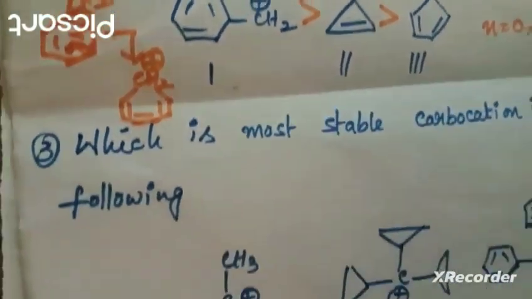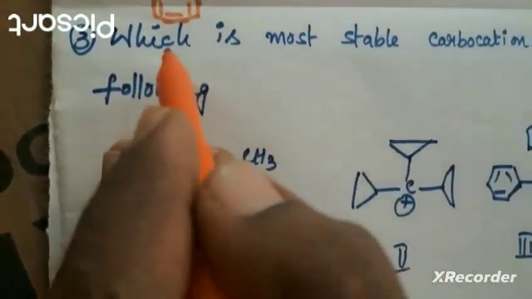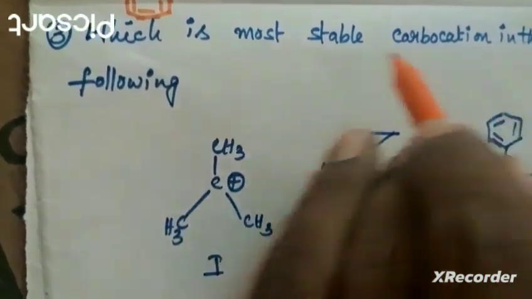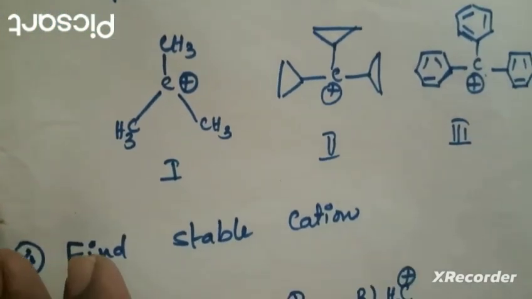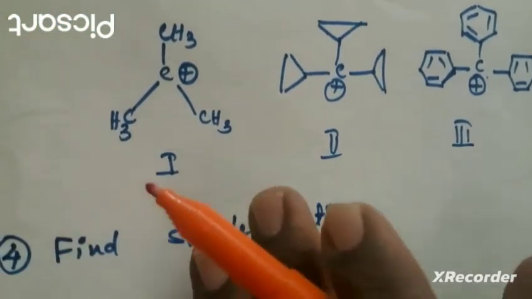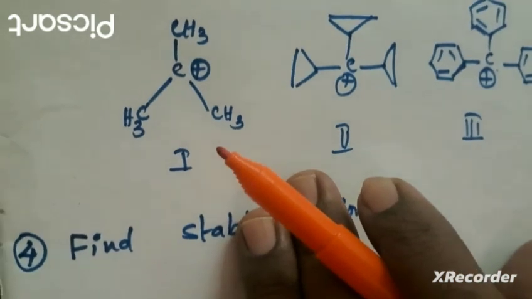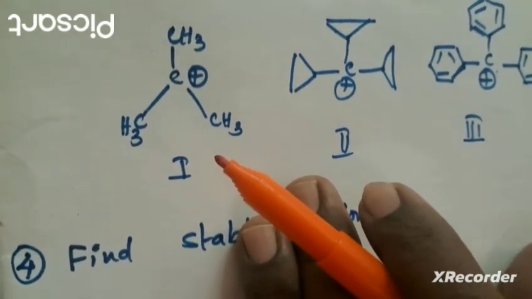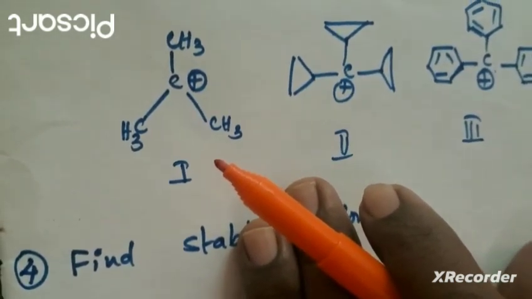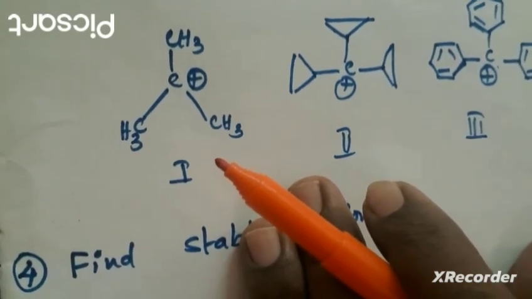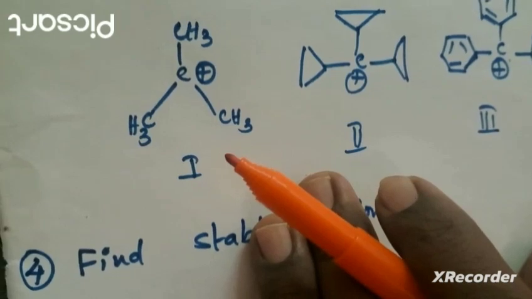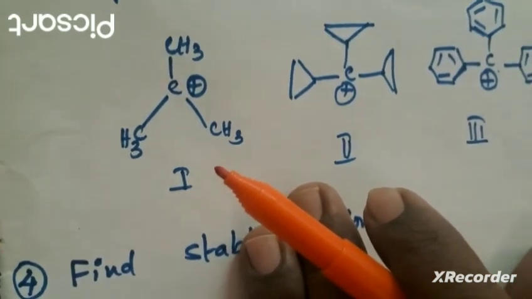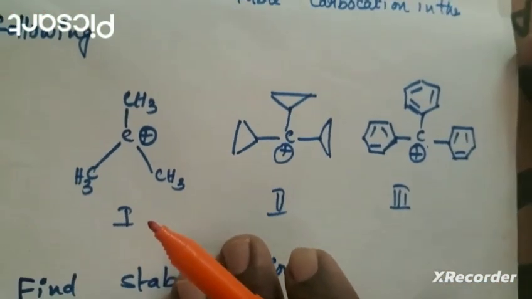Okay. Next one: which is the most stable carbocation in the following? There are many factors that affect carbocation stability: the resonance effect, the mesomeric effect, hyperconjugation, and the inductive effect. Among all those, resonance is the most influential factor in making it stable.